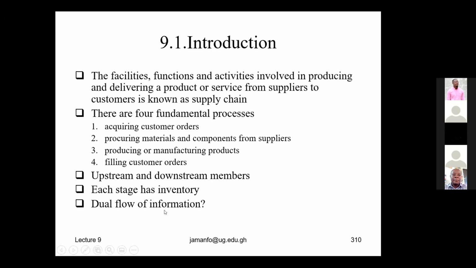All right, so how many flows have we so far identified within a supply chain? It's four. One, cash, money. Two, information.